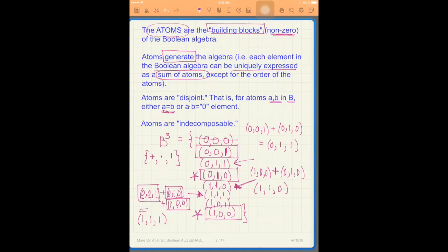Okay, so the atoms are indecomposable, meaning I can't break them up further into other elements that are in that set. So the ones that I have boxed in are going to be our atoms for this abstract Boolean algebra, and they will generate all of the rest of the elements that are within that Boolean algebra.